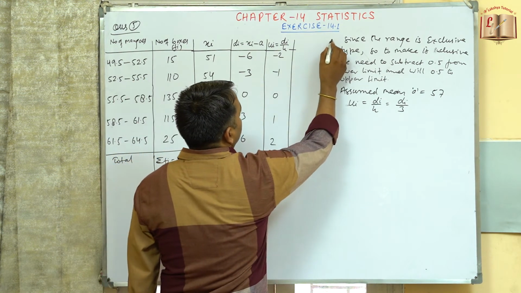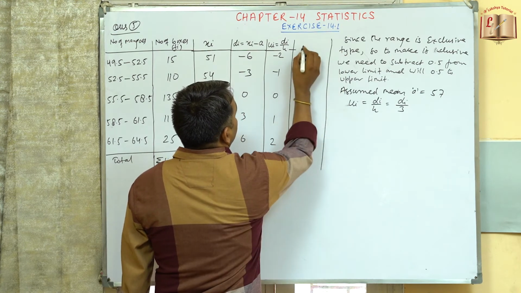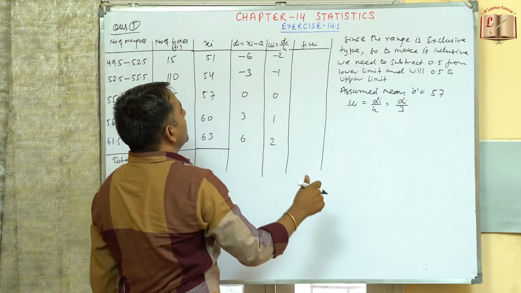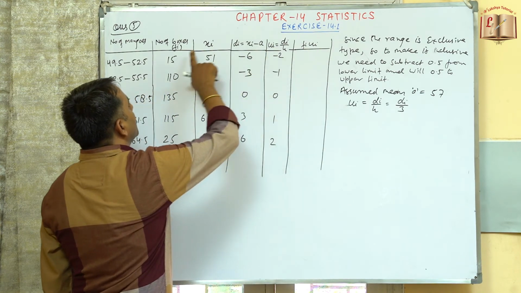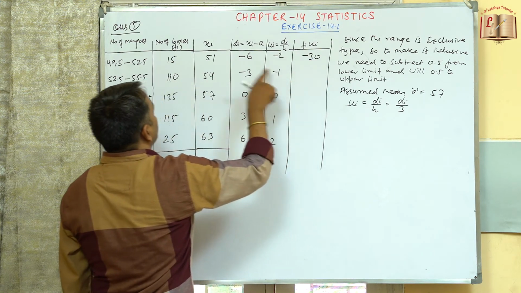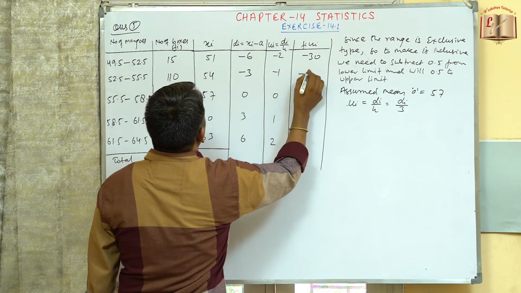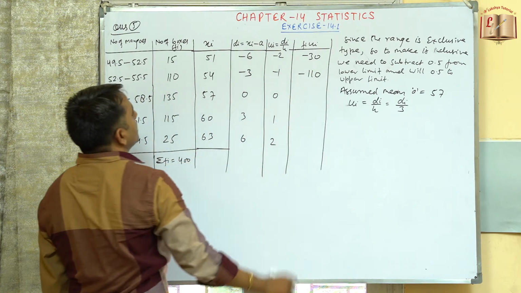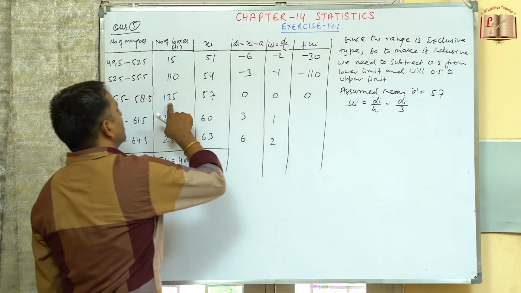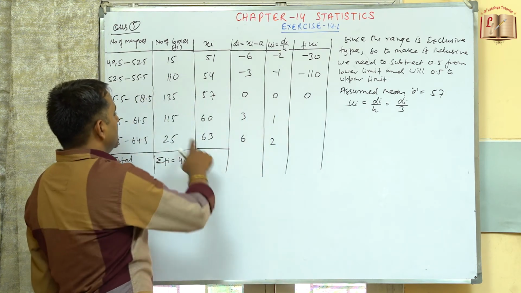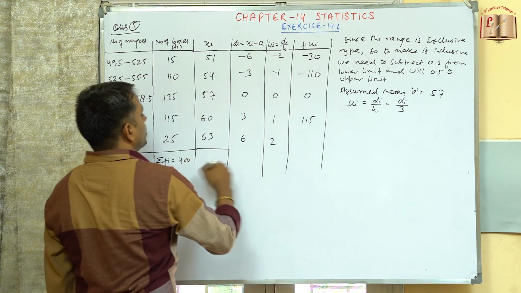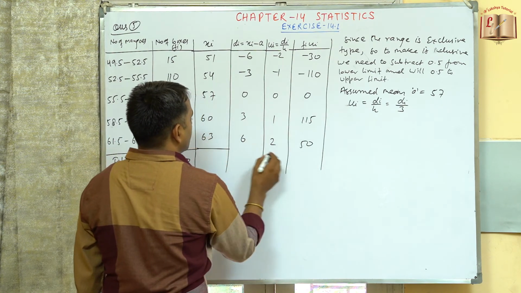Now we need to calculate fi ui. So fi ui, now ui is already known and fi is 15. So this will be minus 30, minus 1 into 110, so this will be minus 110, and next one will be 0 because 0 into 135 will be 0, and 1 into 115, so this is 115, and 2 into 25, so this will be 50.